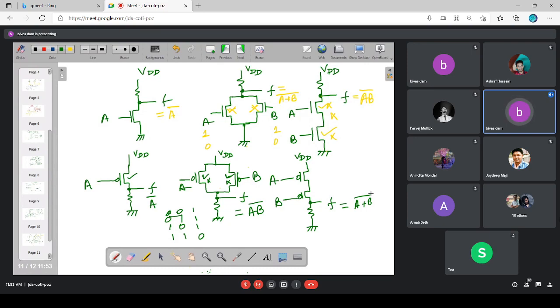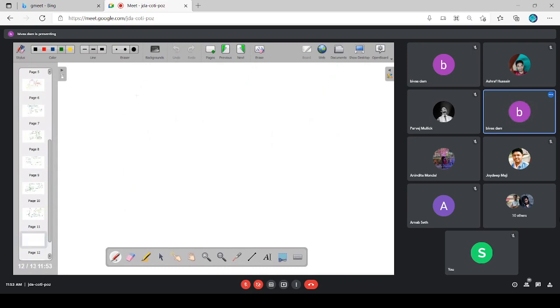So if some function is given to you, that can be readily implemented using NMOS or PMOS. With which MOS family you want me to realize this?